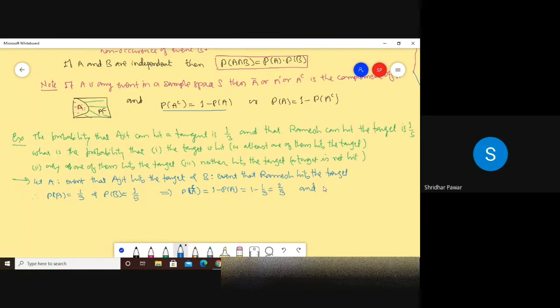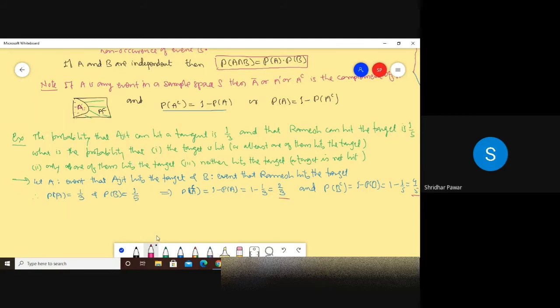And the probability that Ramesh does not hit the target is P of B complement, it is 1 minus P of B, that is 1 minus 1/5, so that is 4/5. Okay, so these are the probabilities of A complement and B complement.